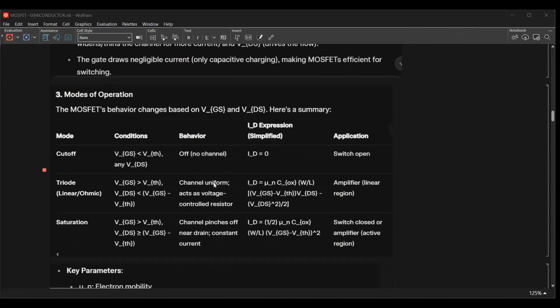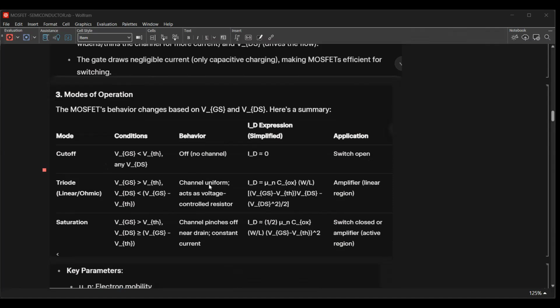So we have the behavior of the channel, and the drain current is approximately equal to zero. Application: switch open. Then for the triode region, the gate-to-source voltage is greater than VTH, the threshold voltage.